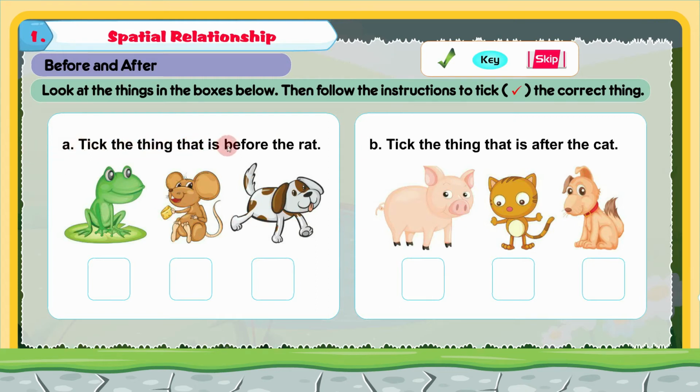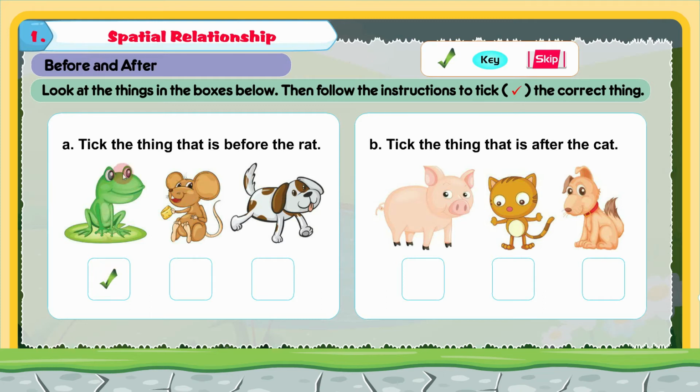Tick the thing that is before the rat. So this is the rat and before the rat is frog. After the rat is puppy. So we will tick the box for the frog.